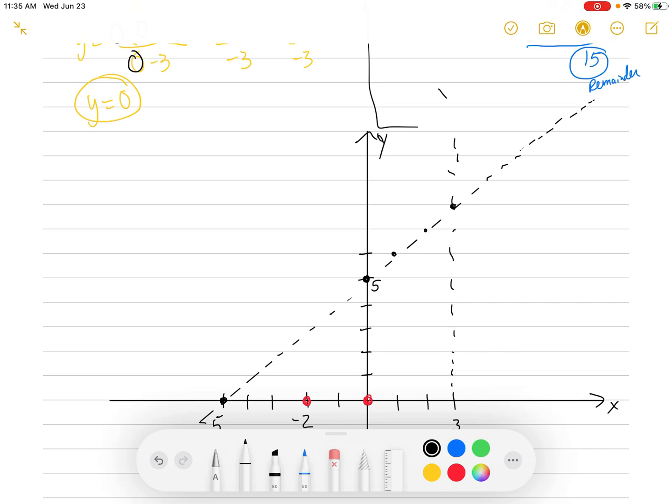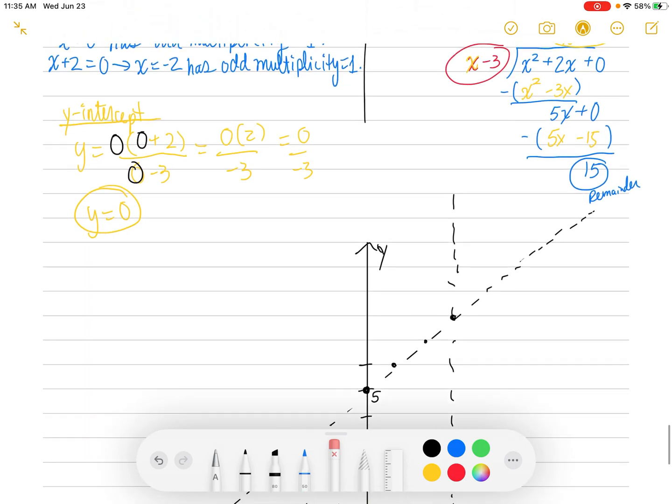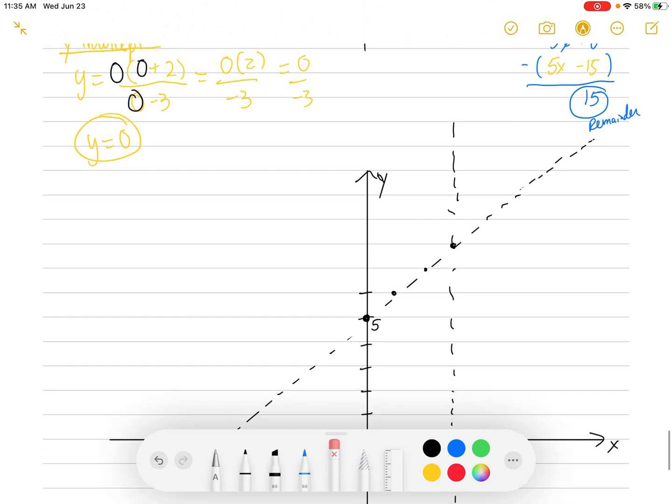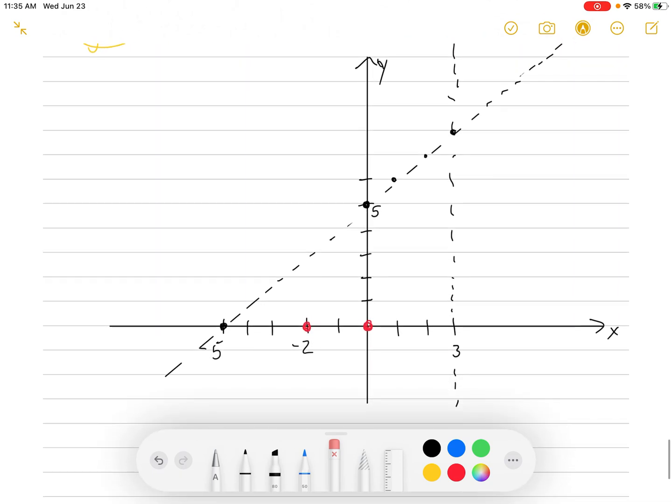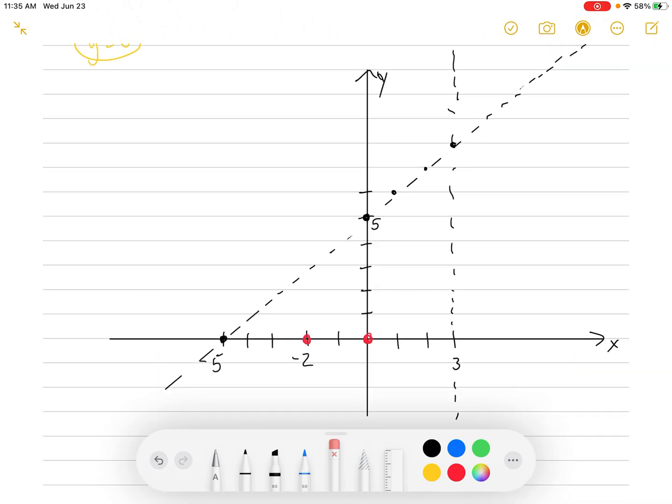That should be good, I think. I'm going to erase this here from before and make my vertical asymptote go up a bit this way. Okay, so I have everything here now, don't I? I have my vertical asymptote at 3.